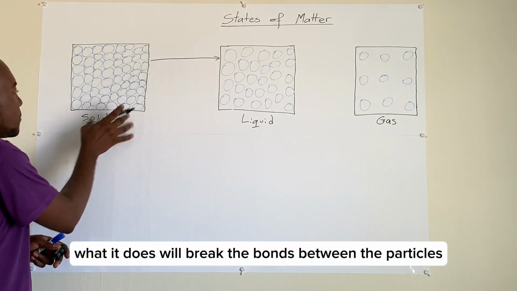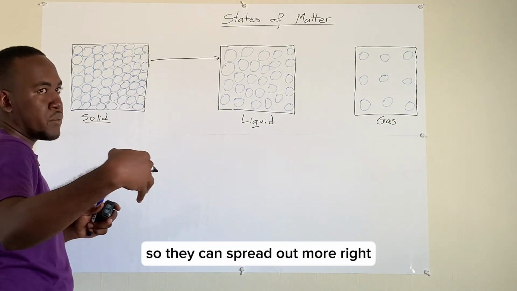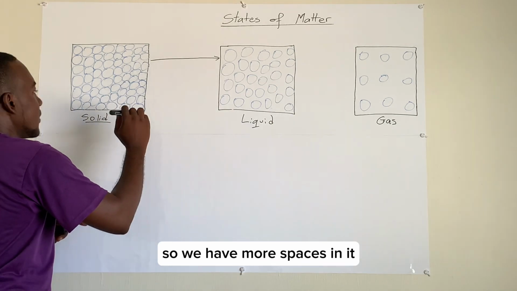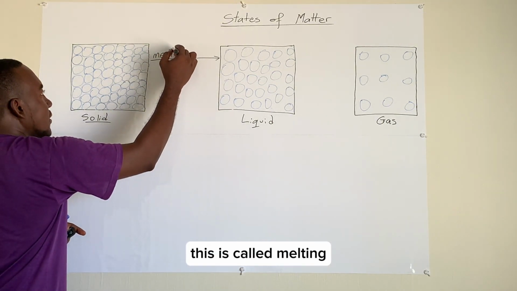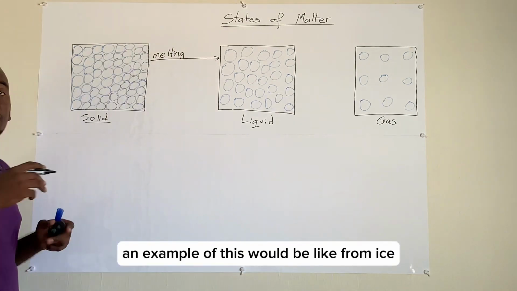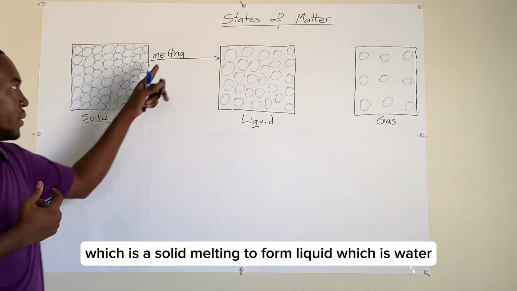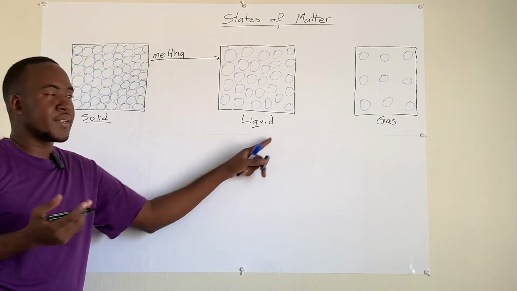What it does is break the bonds between the particles so they can spread out more, so we have more space in it. This is called melting. An example of this would be ice, which is a solid, melting to form liquid, which is water. Right?